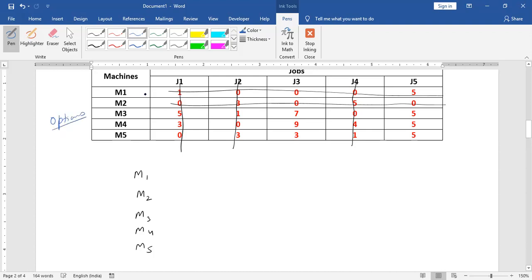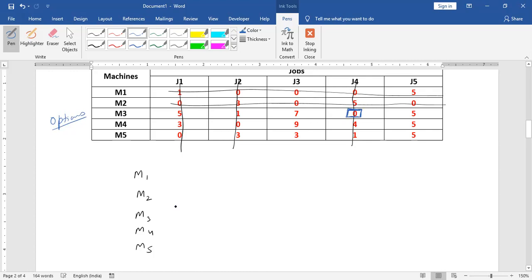So how many options does M1 have? Three options. Just leave it. If we're talking about M2, again three options. Just leave it. If we're talking about M3, M3 has only one option. So definitely I will choose M3 first, right?